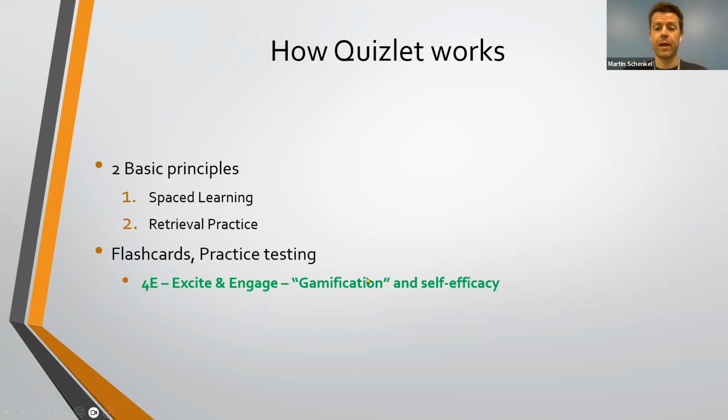We can see there's a bit of a gamification element to excite a learner. And then to engage learners through the immediate feedback, through the formative assessment, through the flashcards, being able to see the answers. It builds up our knowledge, builds up our confidence. This creates self-efficacy and increases learner motivation and engagement in the material.